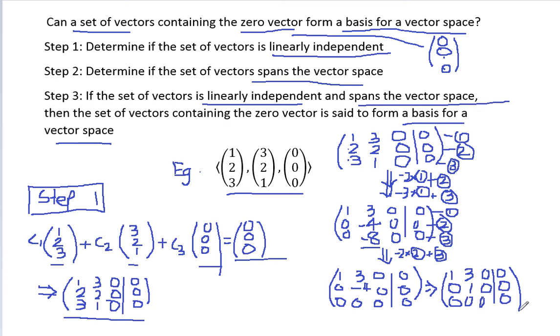Now we can make it reduced row echelon form, so we can eliminate this entry here.